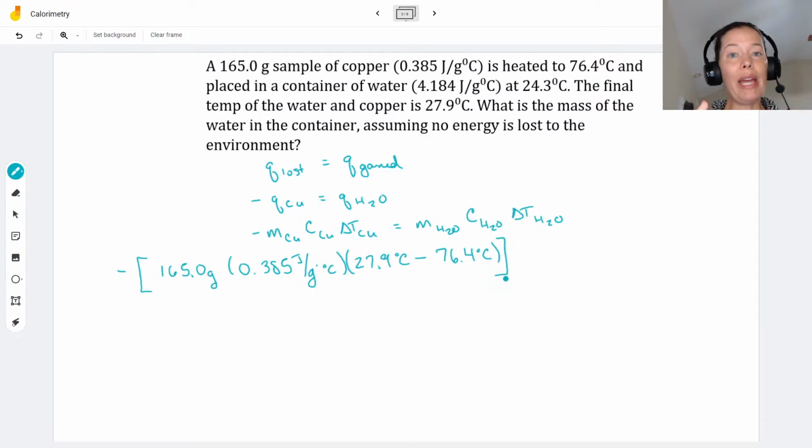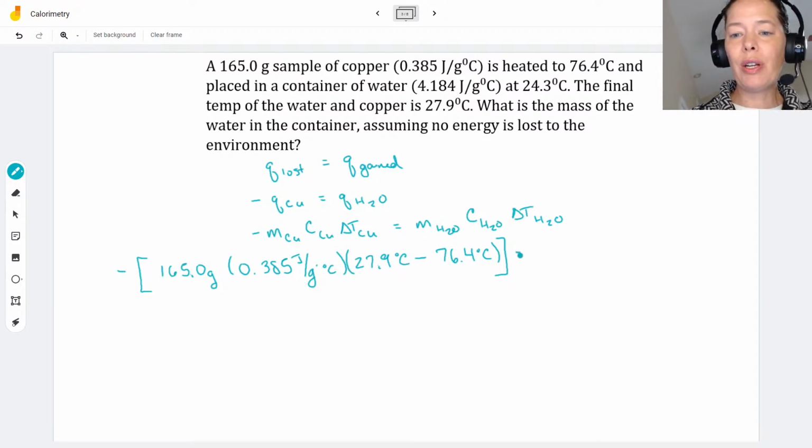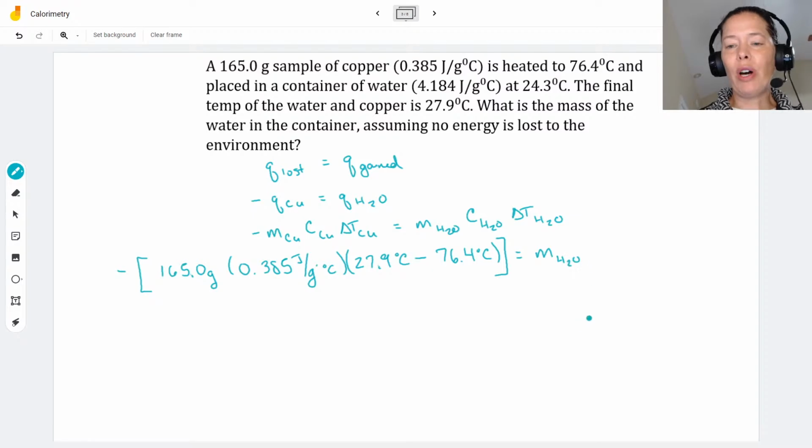So that is all my information with the copper, and now I need to put in all my information with the water. So the mass of water is what I'm looking for, so I will just keep this mass of water. My specific heat, again, make sure you pull the specific heat of water, is 4.184 joules per gram times degrees C. And I'm going to have to squeeze this in a little bit.